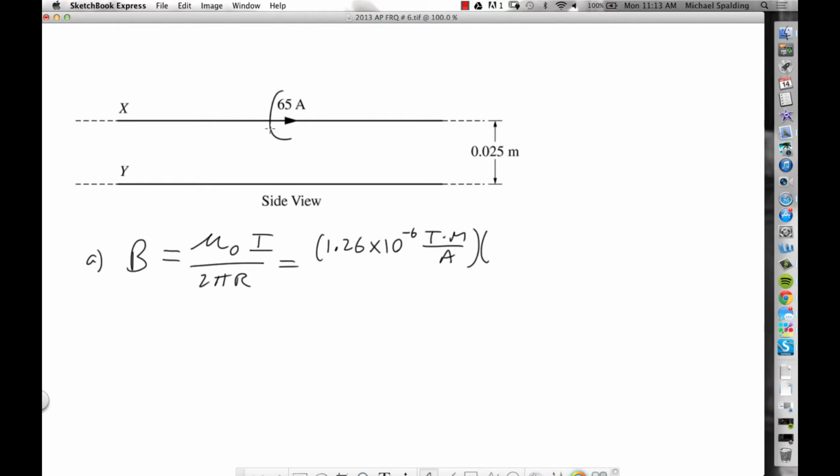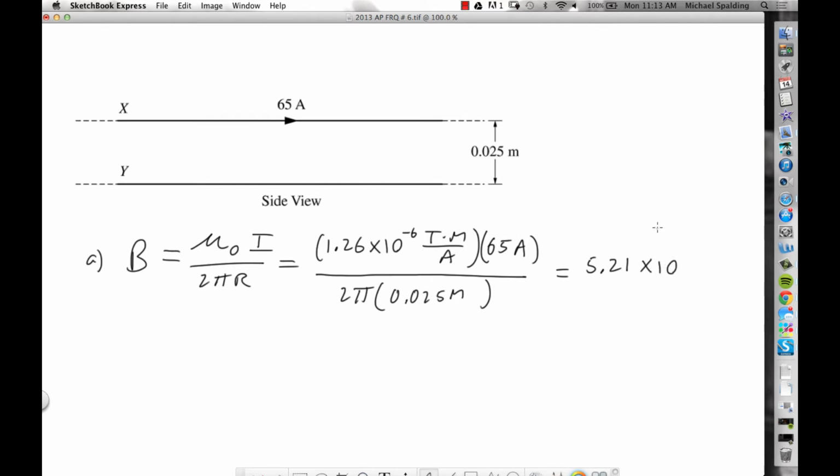The current is the current producing the magnetic field, which here is 65 amps, the current in wire X. And r is how far you are from the wire, which is 0.025 meters. So you punch this in and you get 5.21 times 10 to the negative 4 Tesla. Magnetic field is in Tesla. All right, pretty easy. Okay, part B.